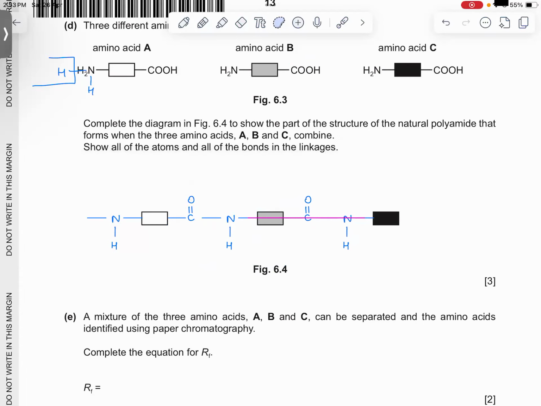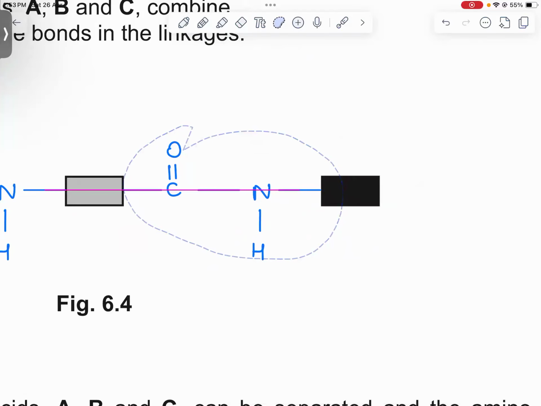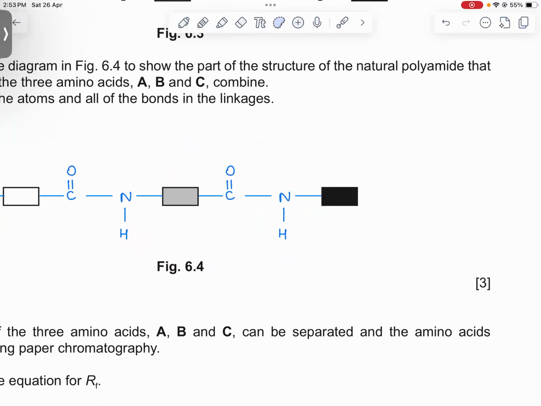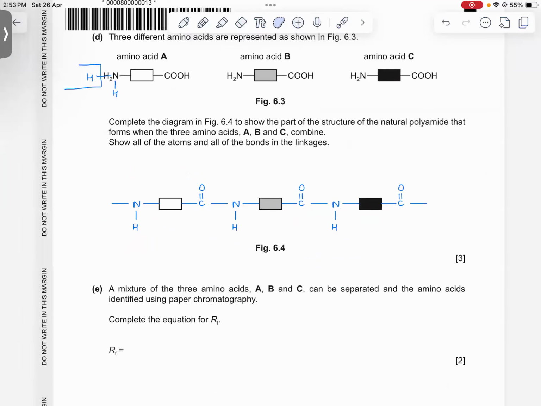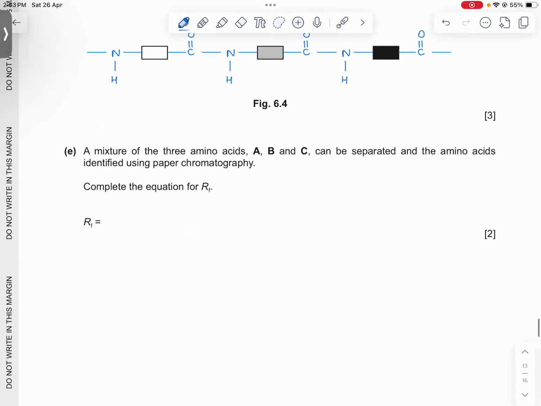Just duplicate; the distance is the same. And then at the end, we should have one carboxylic acid functional group just attached. So this is how our structure should be. If you want, you can draw brackets. If you don't want, you don't have to draw brackets.